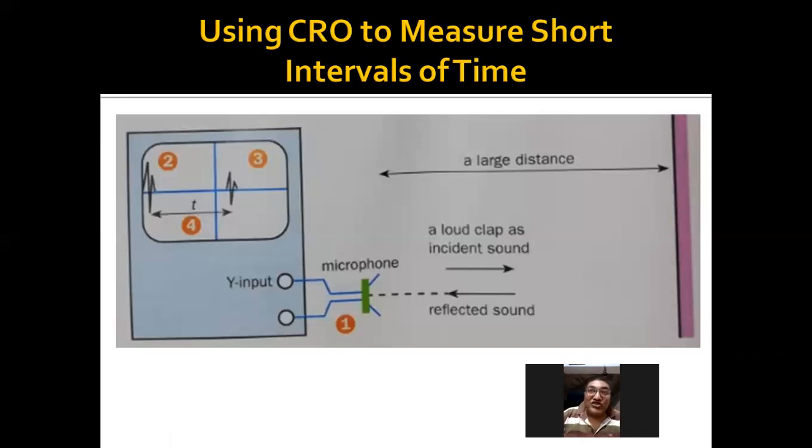But by using the CRO, no matter how small the time lapse is between the original sound and the echo, using the time-base setting we can calculate how much time is between them. So that's another use of the CRO screen.